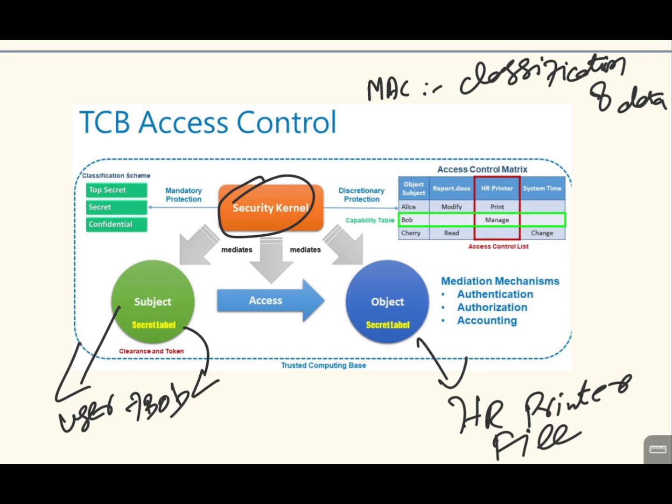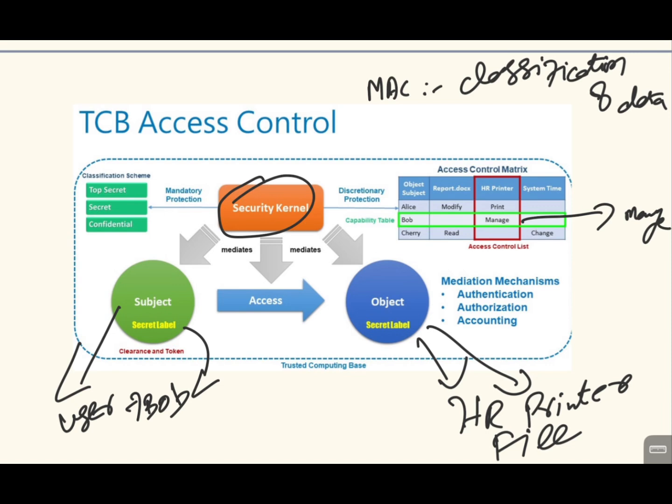And the HR printer object is also labeled secret. Since Bob has the right security clearance and access permission as per the access control matrix, he is allowed to access the printer, right?